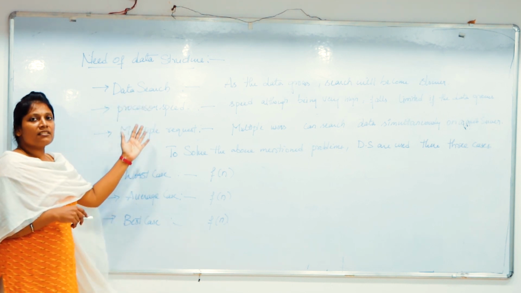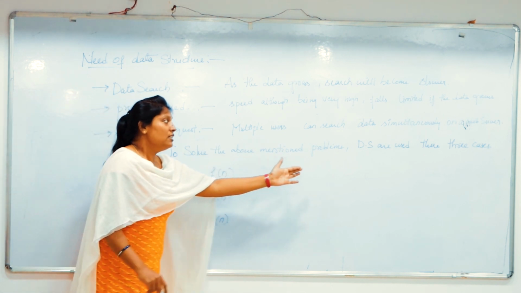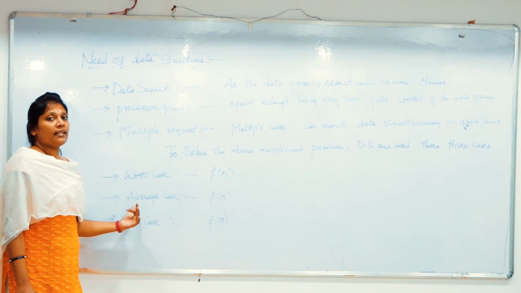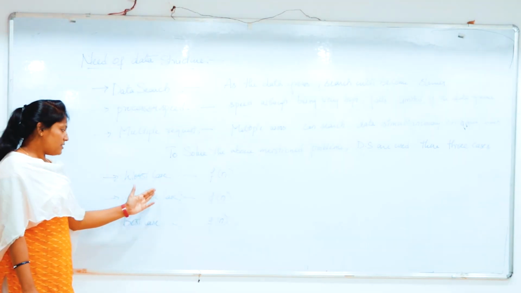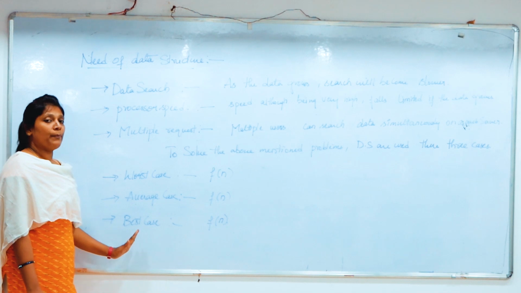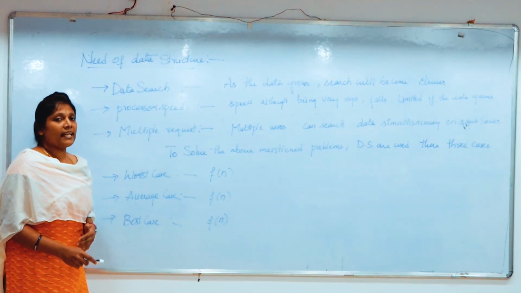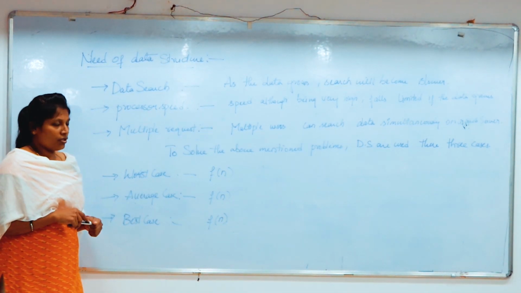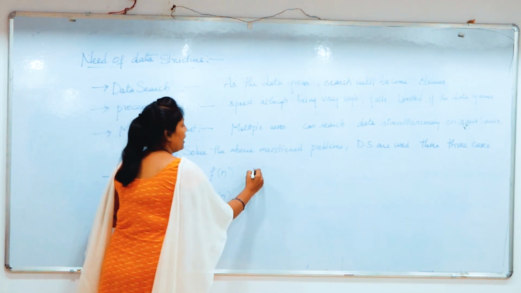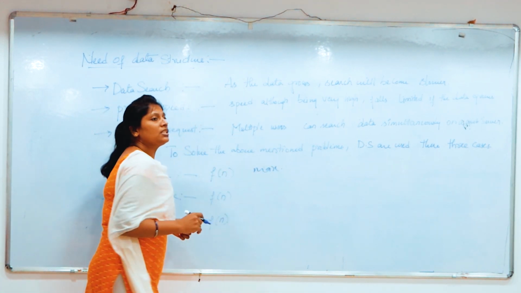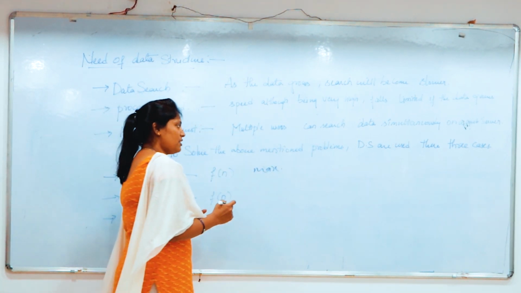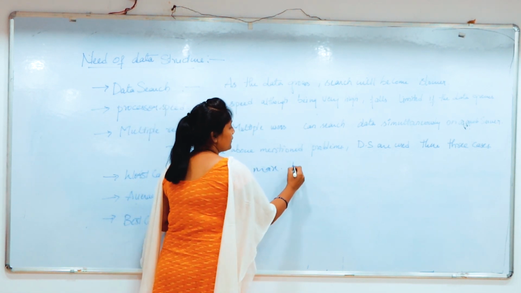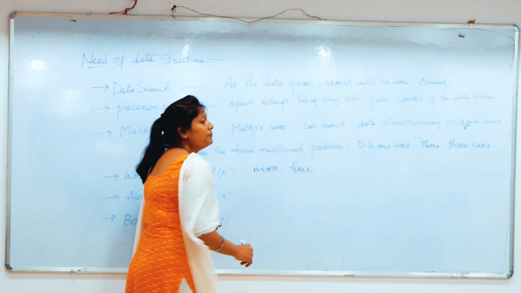So to analyze these three problems, we use three cases: worst case, average case, and best case. In the worst case, if we have large amounts of data, it will take the maximum time to search the data in our data structure or database. It will take a maximum time.